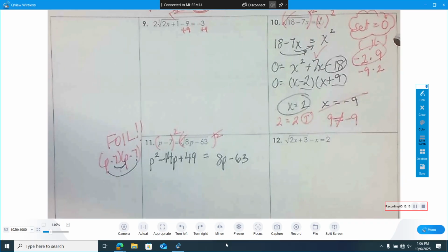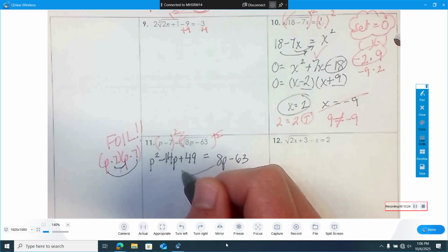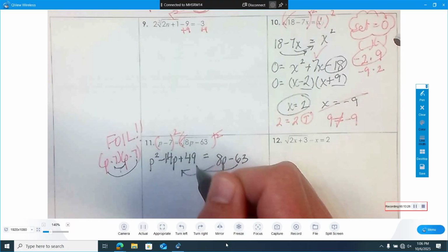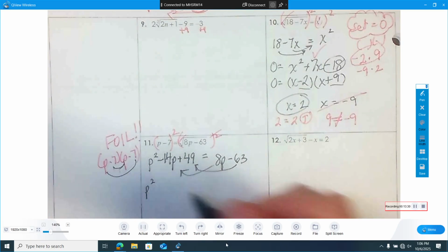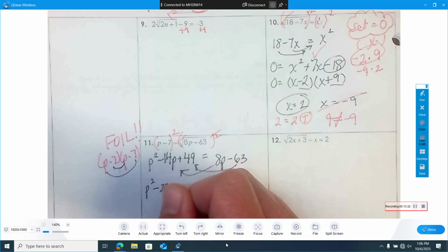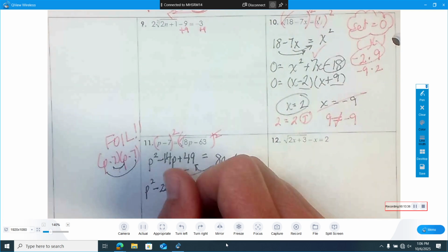Be very, very careful. Now what do you want to do? Yeah, subtract the 8p and add the 63. So I'm going to get p squared, negative 14 and a negative 8 gives a negative 22, and then 49 plus 63, holy mackerel, 112.